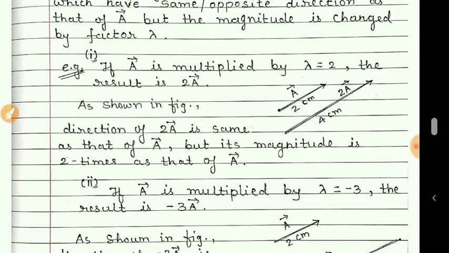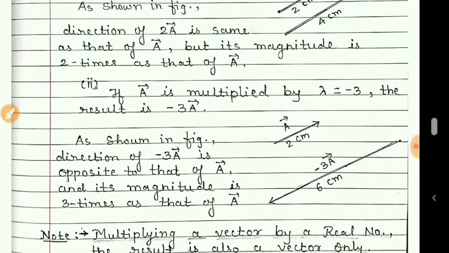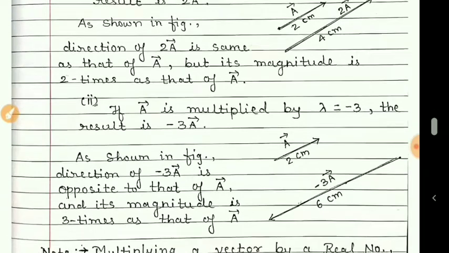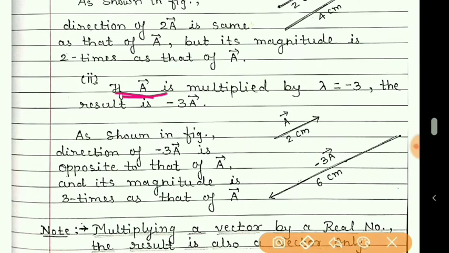Now students, one more example is there. In the first example, we multiplied by a real number which is positive. Now suppose again, let us multiply the given vector a by a real number which is minus 3. So what will be the product? a into minus 3 becomes minus 3a. So suppose once again this is vector a whose magnitude is 2 centimeter.